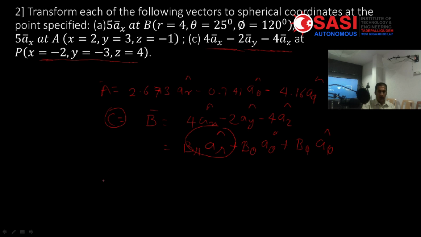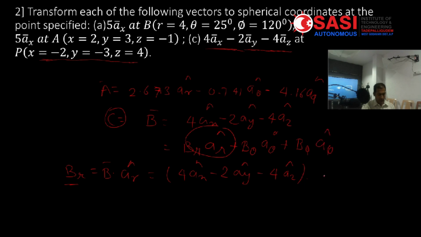So let us first consider BR. So BR is equal to the vector's magnitude into direction. So this is equal to, we have 4ax cap minus 2ay cap minus 4az cap, and here we have to add the direction.